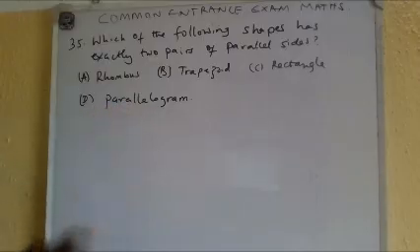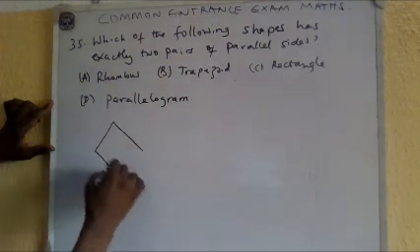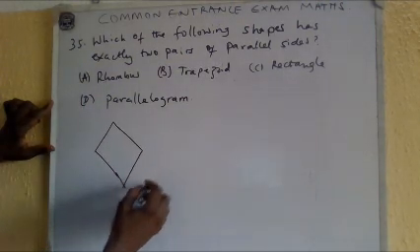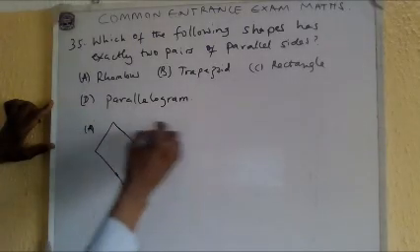So you need to know the shapes. Okay, a rhombus looks like this. That's for rhombus, A. Then B, trapezium, looks like this.